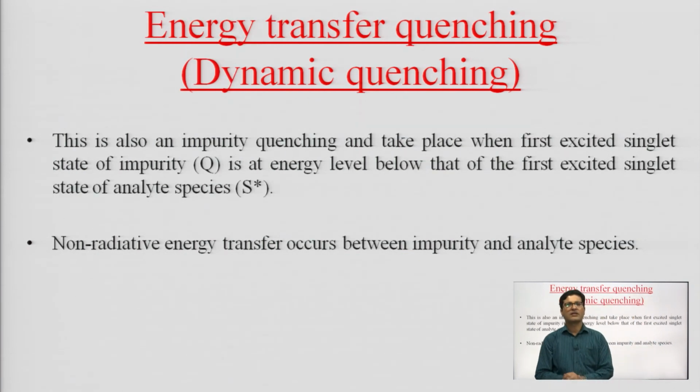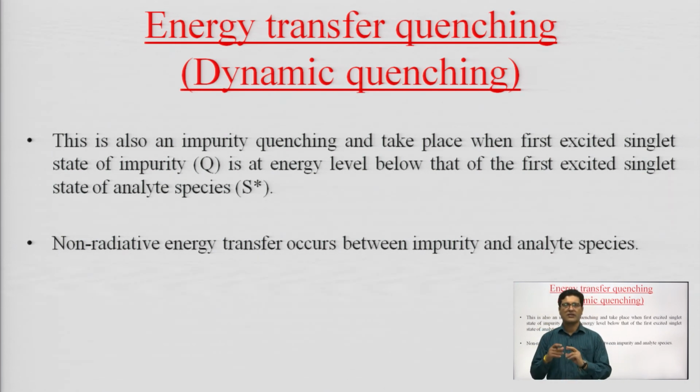Then next is the energy transfer quenching or dynamic quenching, and this is also an impurity quenching that takes place when the first excited singlet state of the impurity is at the same energy level as the first excited singlet state of the analyte species.